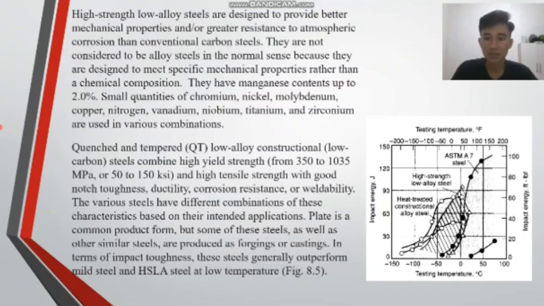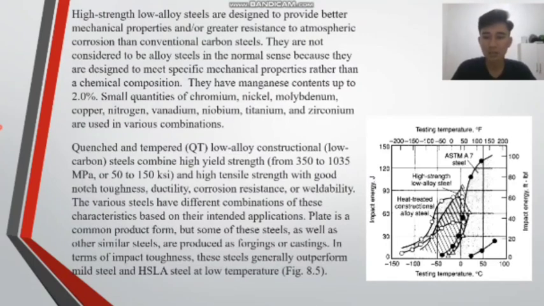Quenched and tempered (QT) low alloy constructional low carbon steels combine high yield strength, from 350 to 1035 MPa or 50 to 150 ksi, and high tensile strength with good notch toughness, ductility, corrosion resistance, or weldability. The various steels have different combinations of these characteristics based on their intended applications.